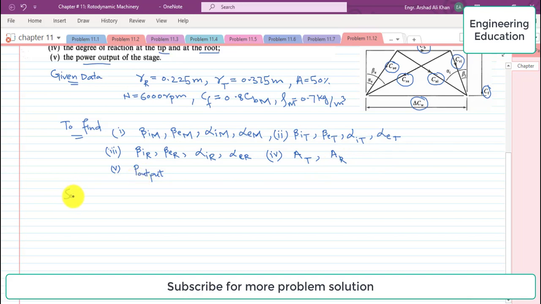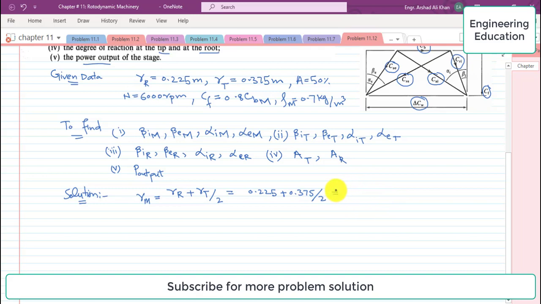So now coming to the solution of this problem, first of all we will find the mean radius. So mean radius is equal to root radius plus tip radius divided by 2. We have given the values of these two radii for root and tip, which is 0.225 plus 0.375 divided by 2.